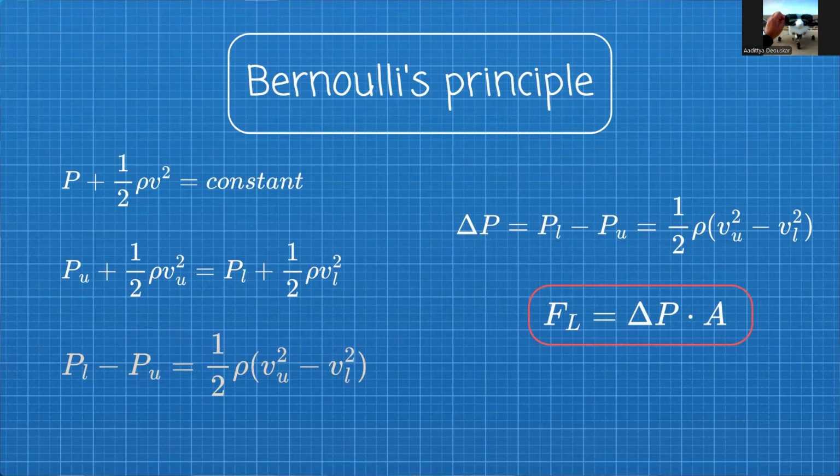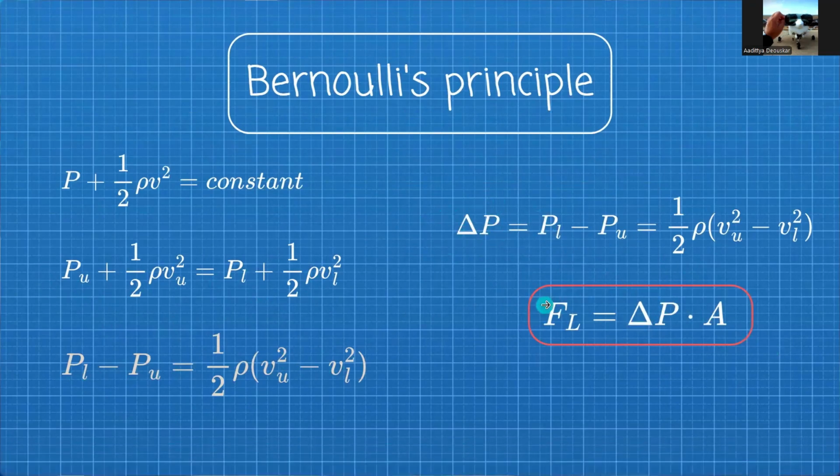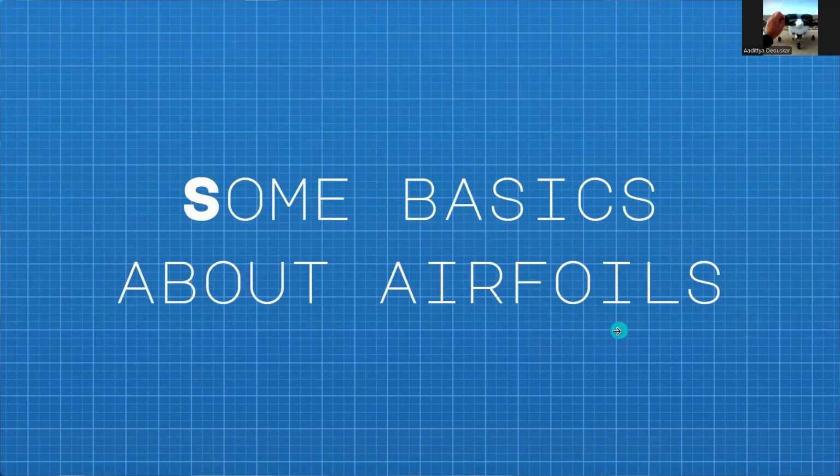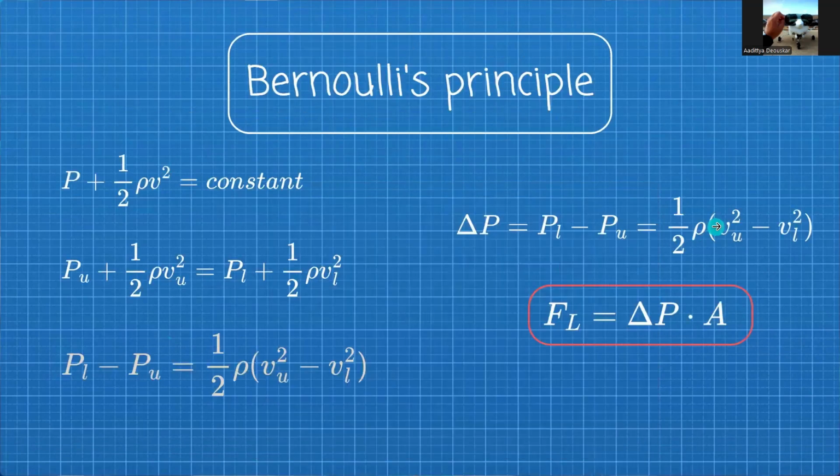Force per unit area is known as pressure. Now we need to find out the lift force, so force would be pressure times area. So area times the pressure difference will give us the lift force generated by an aircraft wing or an airfoil, and A here is the surface area of the airfoil. So that is how an airfoil or an aircraft wing generates lift.